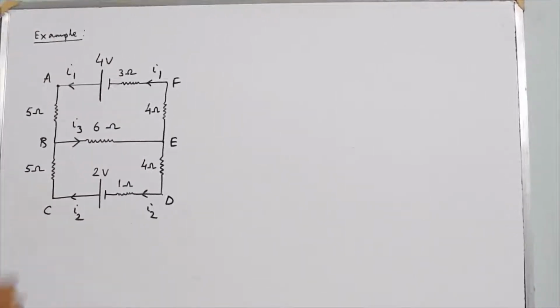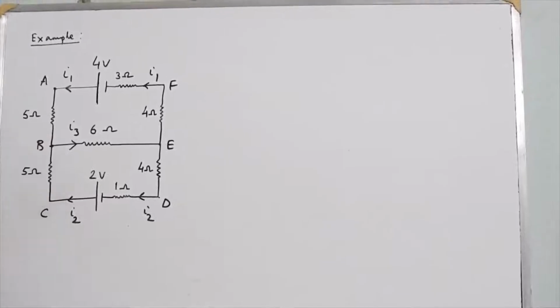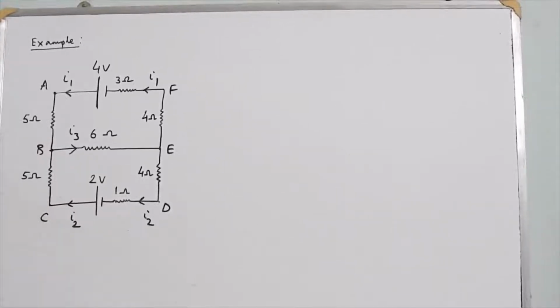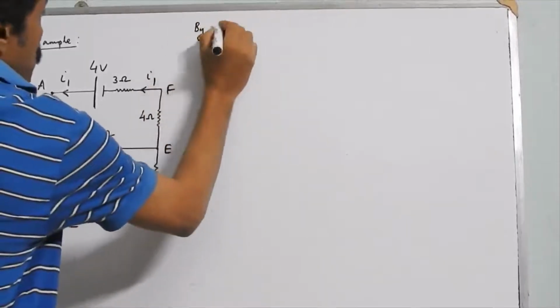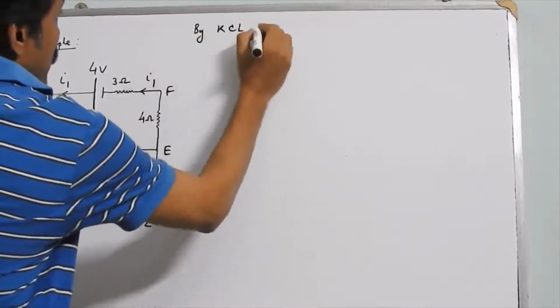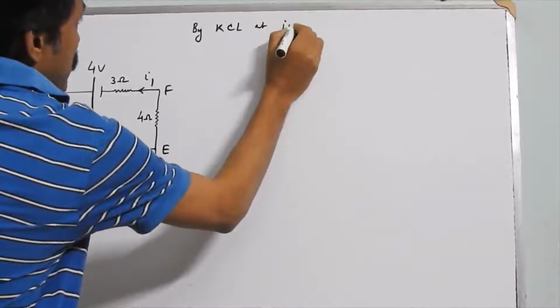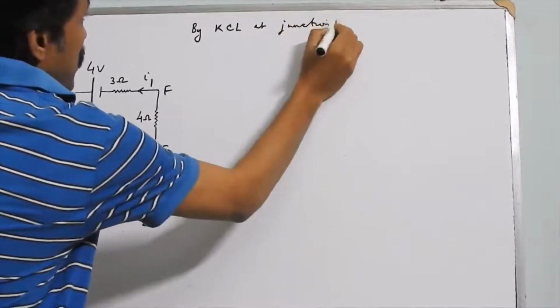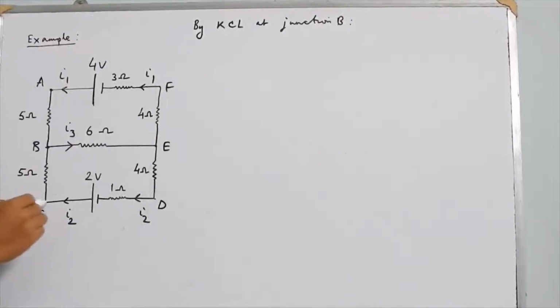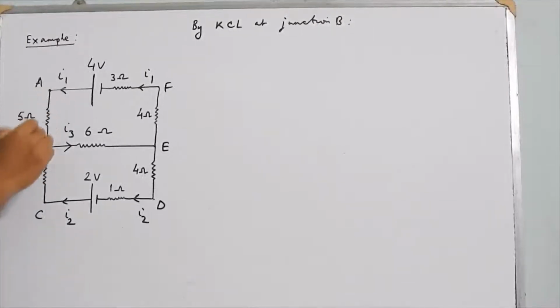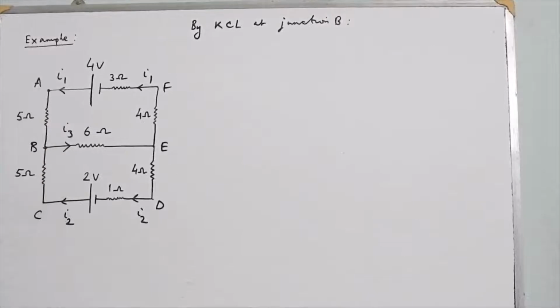Suppose at the junction B, what happens if we use KCL? By applying KCL at junction B, obviously you can see that I2 enters the junction, I1 enters the junction, I3 leaves the junction.